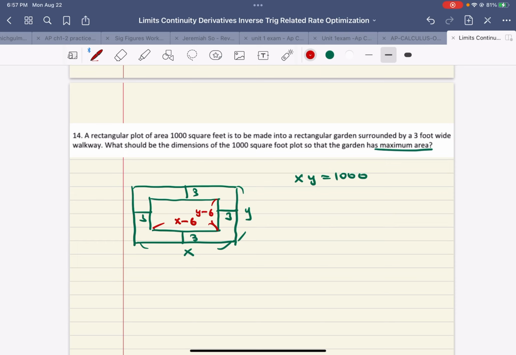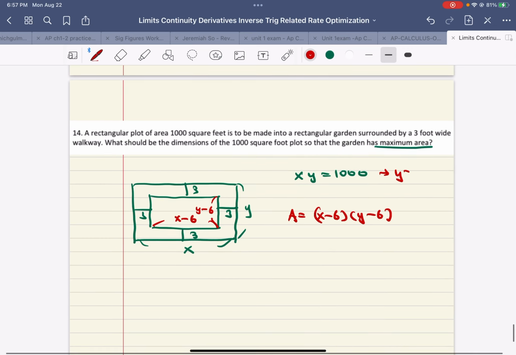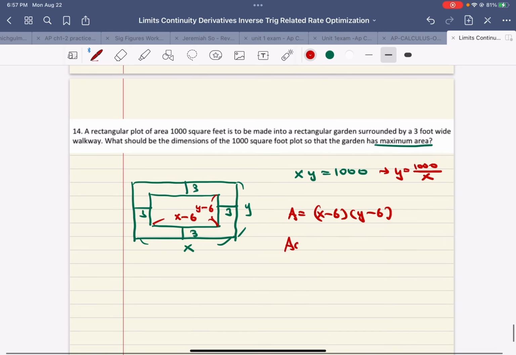Right? Then your area of the garden is x minus 6 times y minus 6. From here, y is 1,000 over x, so you can substitute. So A of x equals x minus 6, and instead of y, you substitute 1,000 over x.